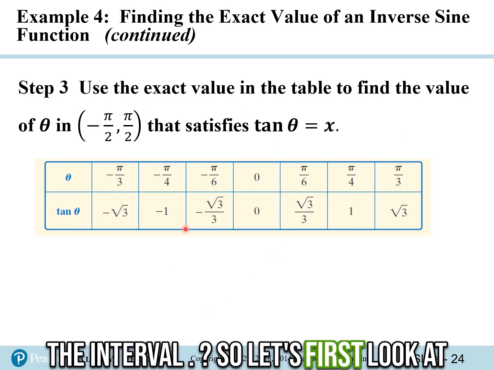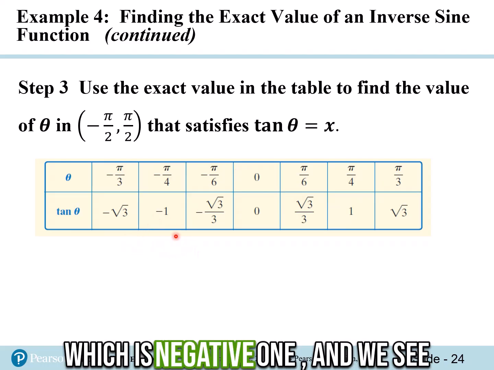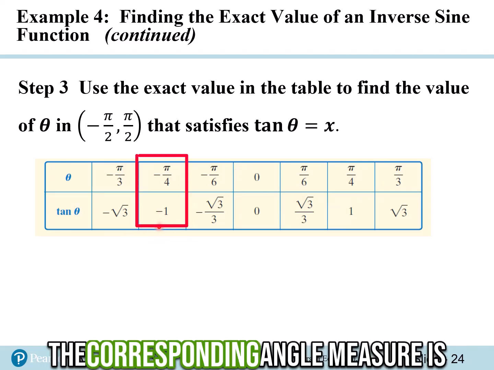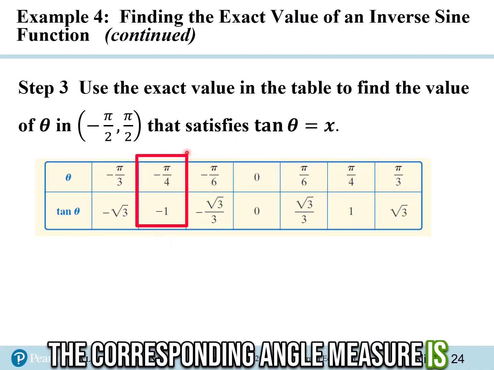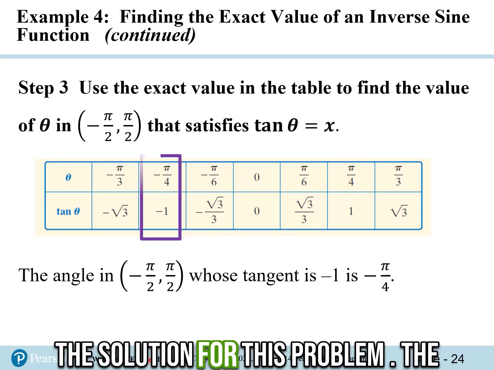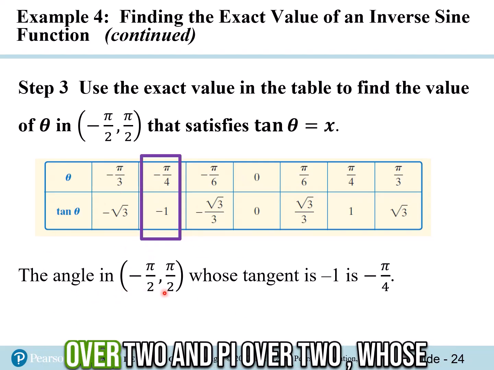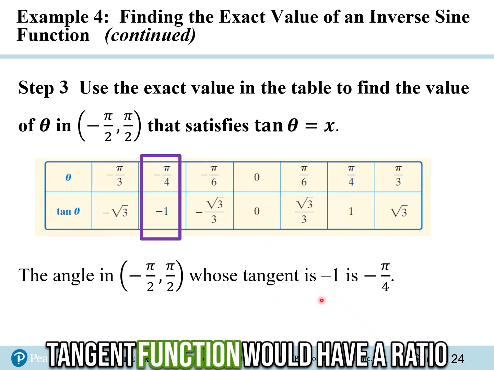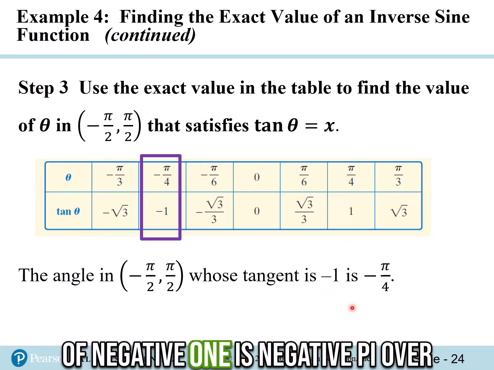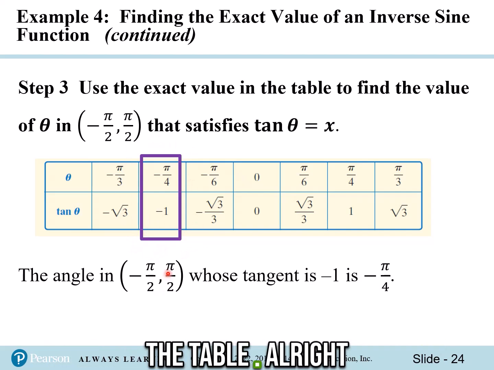So let's first look at the ratio that was given to us, which is negative 1, and we see the corresponding angle measure is negative pi over 4, and that is the solution for this problem. The angle within the interval negative pi over 2 and pi over 2, whose tangent function would have a ratio of negative 1, is negative pi over 4, which is this boxed column of the table. All right?